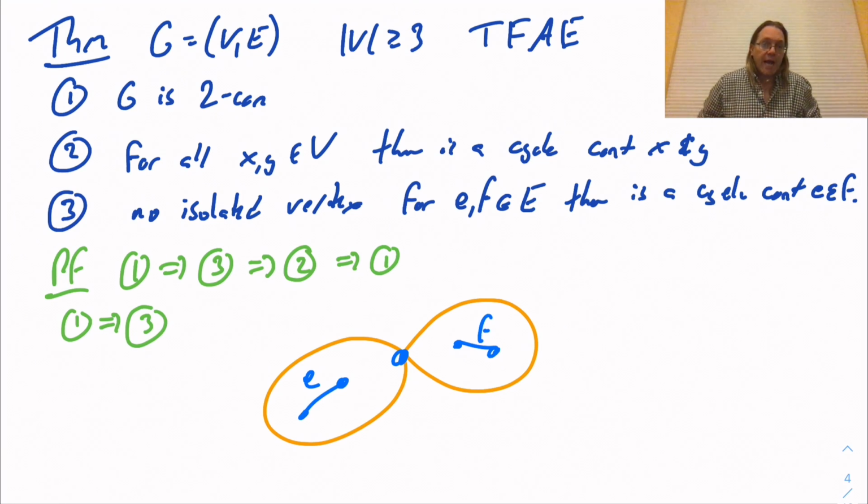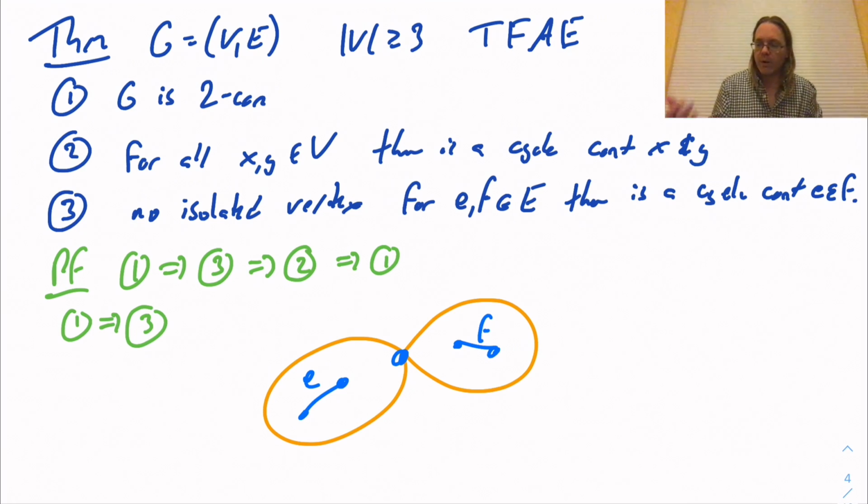That 1 separation has to be a proper 1 separation, and that means that the vertex in the middle is a cut vertex, but then the graph couldn't be 2 connected, right? So in other words, if you do not have a cycle containing the edges E and F, your graph is going to have a cut vertex, and that would mean that 1 does not hold.